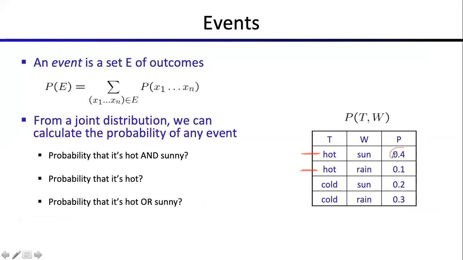So that would give you this probability and this probability. So probability of hot is actually summed over all possible values. So this would be for T is equal to hot.